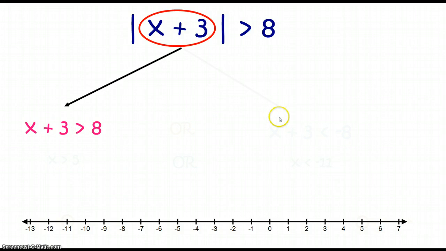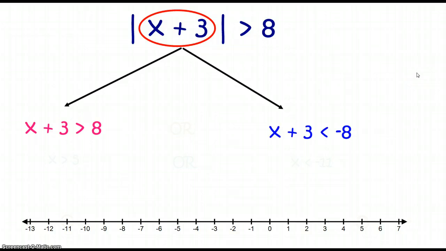Or if we go to the negative end, we make it smaller than -8, so that what's in between the absolute value symbol is greater than 8, or it's less than -8. And then we're going to solve each one of those. So x could be greater than 5, or it can be less than -11.